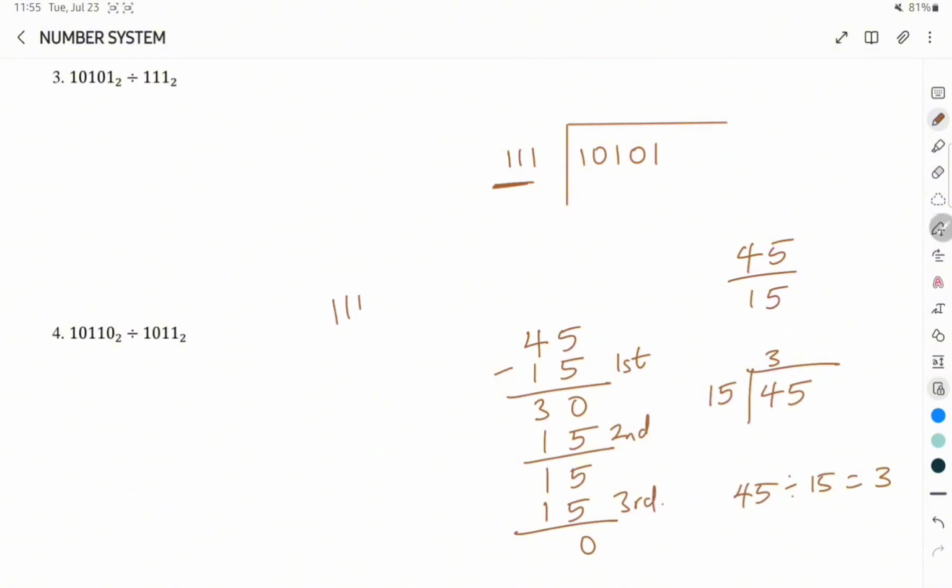Let me try with the first 4 digits. How do I find out how many times 111 will go into 1010? You can see that that's a question that is not so simple to answer. You have to try to multiply 111 and see how many times you will get to 1010.